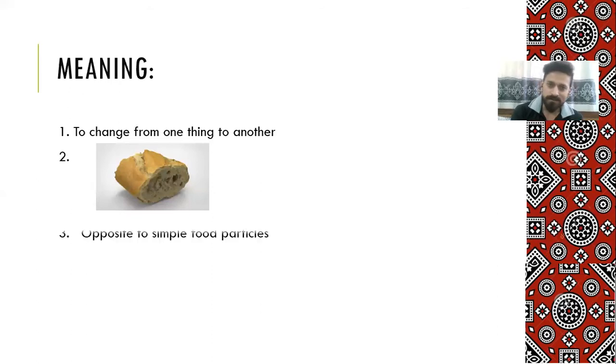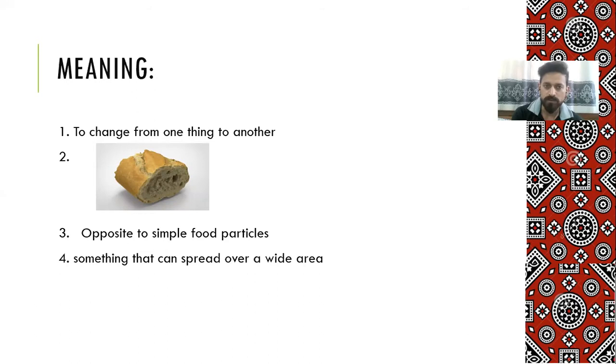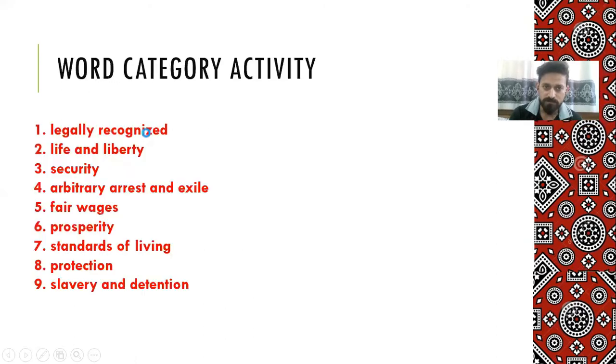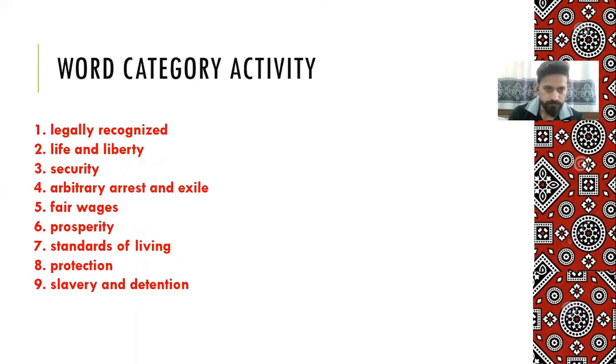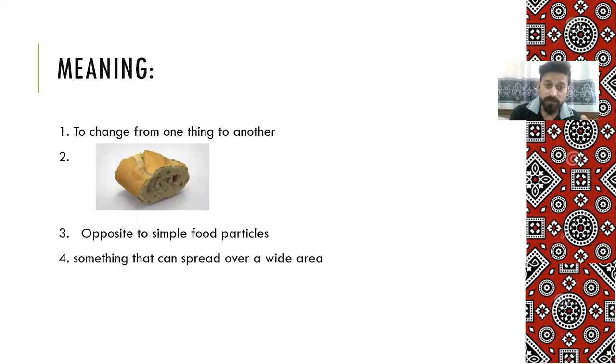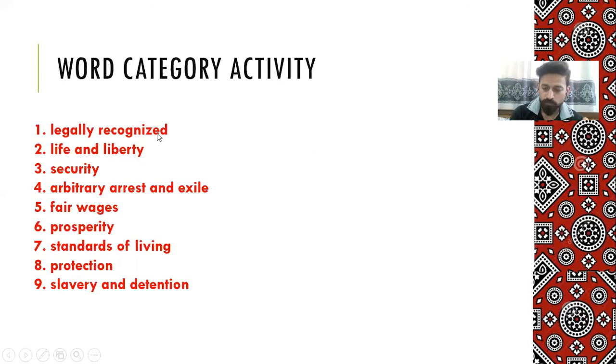So you saw I used three techniques here. One common technique was that I gave you the meaning and asked you for the word or phrase. Second technique was that for the first word, I gave you the definition to ask you for the word.